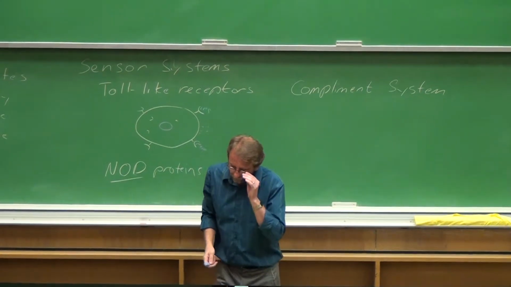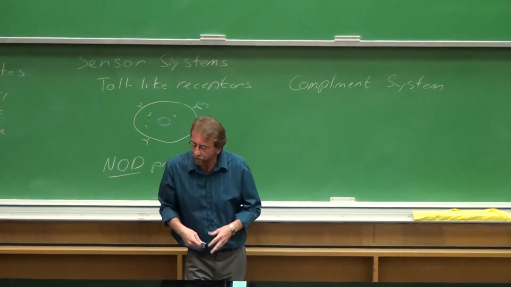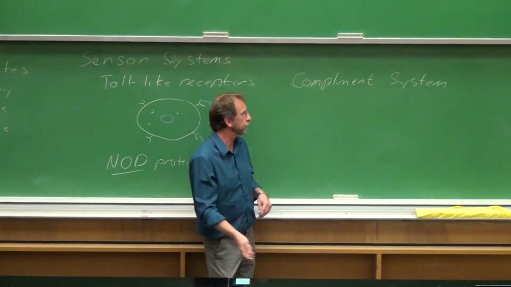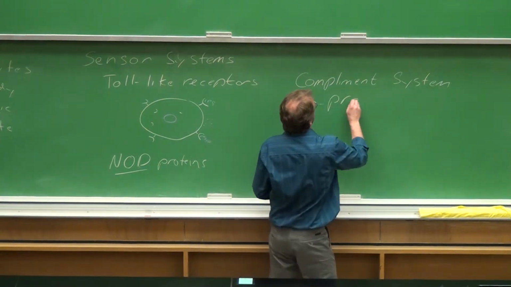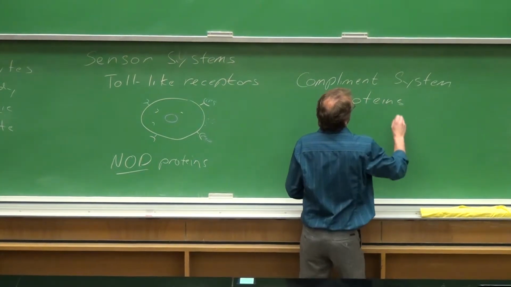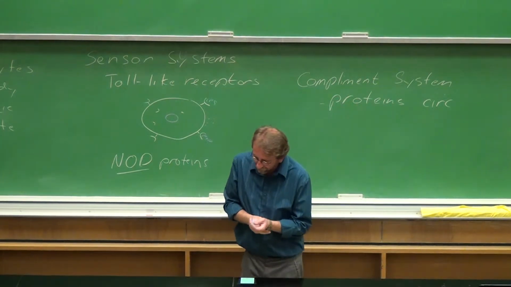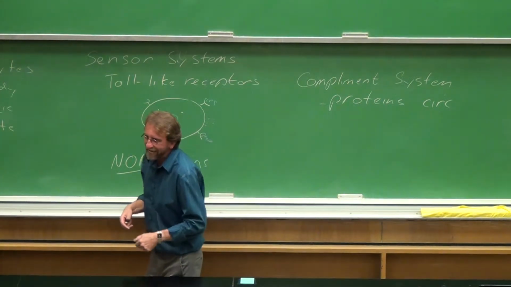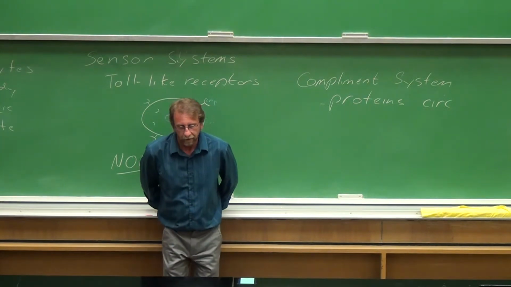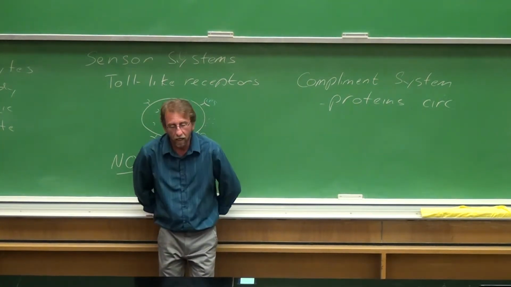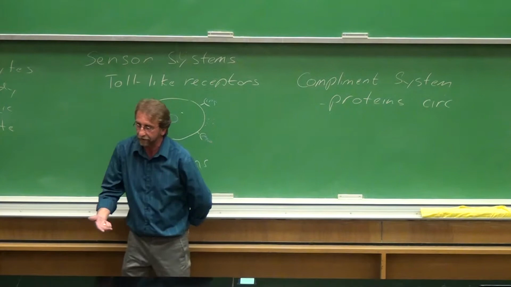This system here consists of a bunch of different proteins that are circulating in the blood. And these proteins, for the most part, are inactive. But they can serve to augment the activities of antibodies.